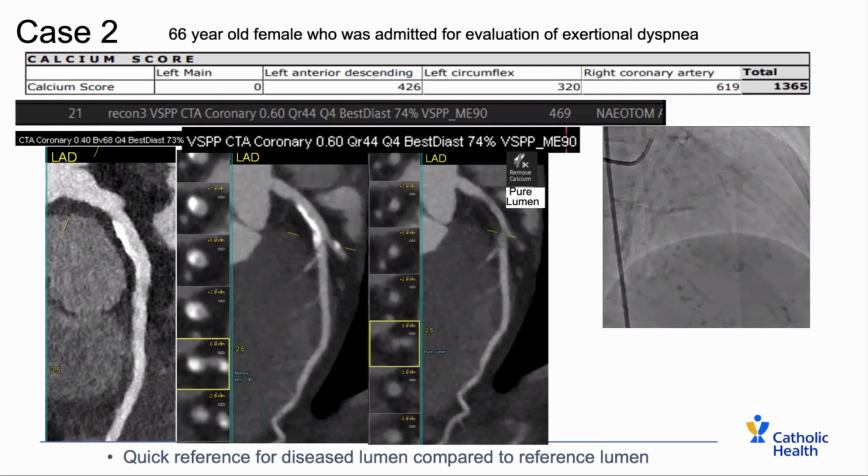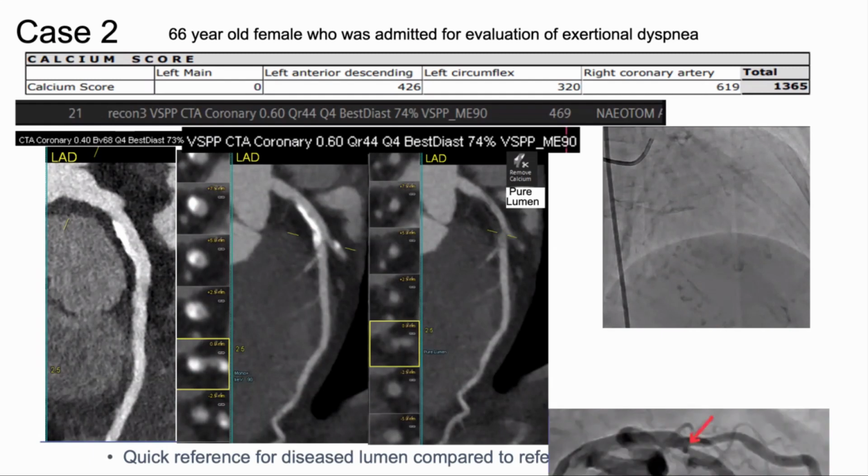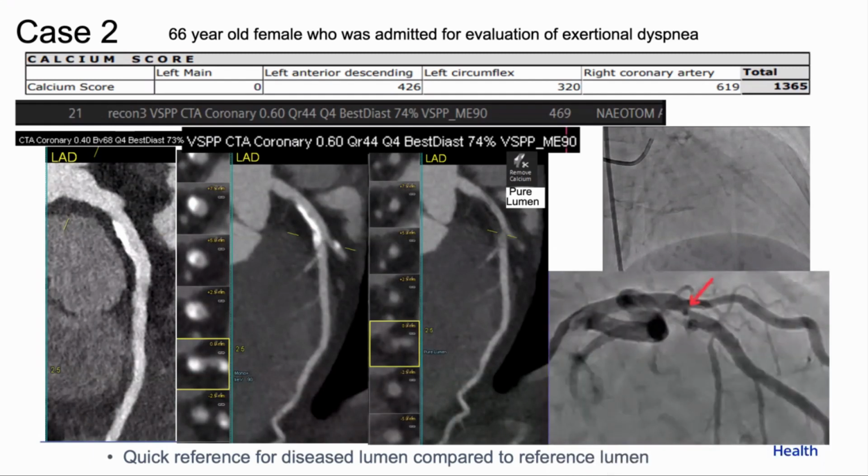Practically speaking, this is early on in the experience, but one thing it's been helpful with is comparing that luminal size to the reference vessel without that noise adjacent to it from the calcium. And since we don't see the calcium that well on the invasive angiography, the pure lumen image correlates quite well to what we saw on the invasive.